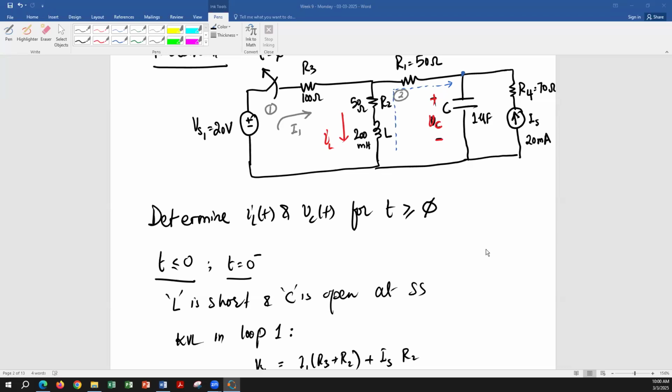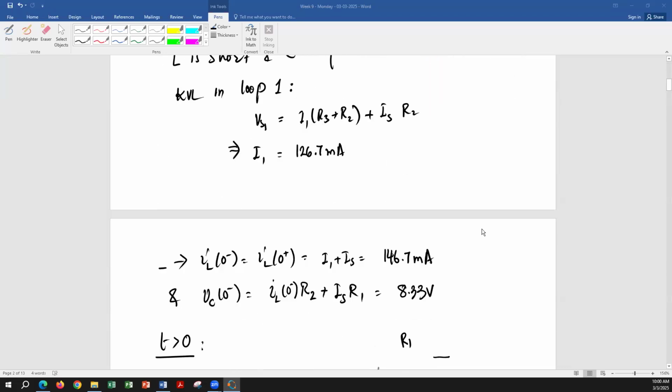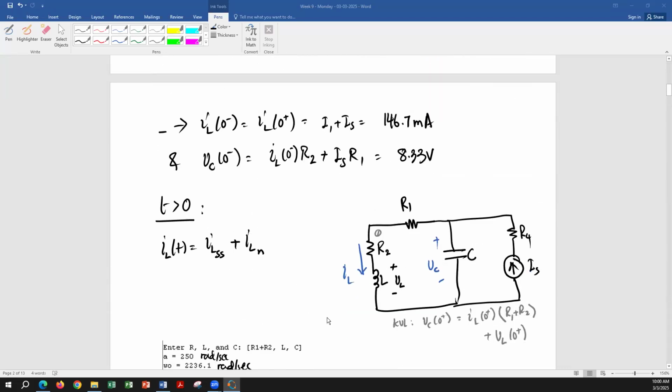Find the data points, right? We want to find out our steady state and our natural response. Once you find the damping of the circuit, then you write the complete response as the steady state response plus the natural response, right? The steady state response is when time hits infinity. So basically, the capacitor is open, the inductor is short.